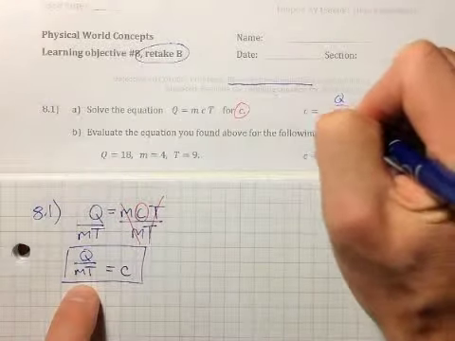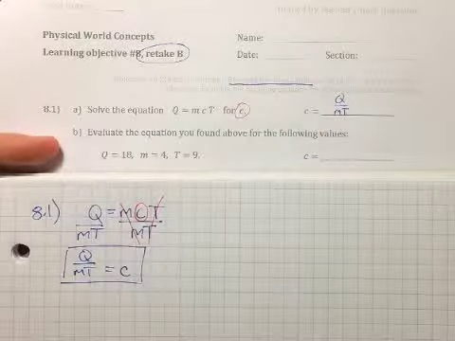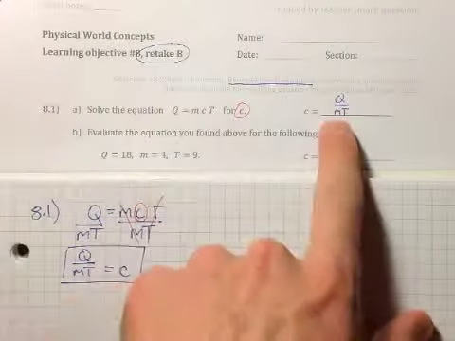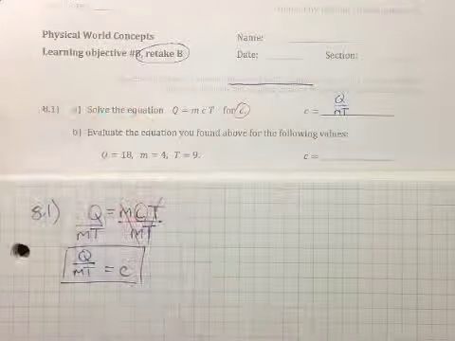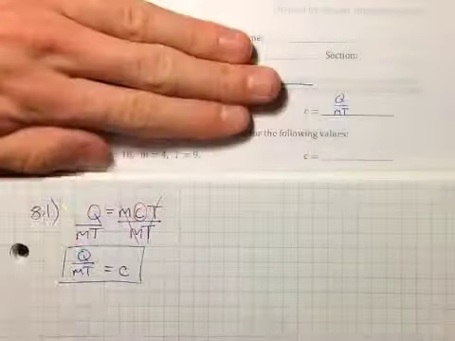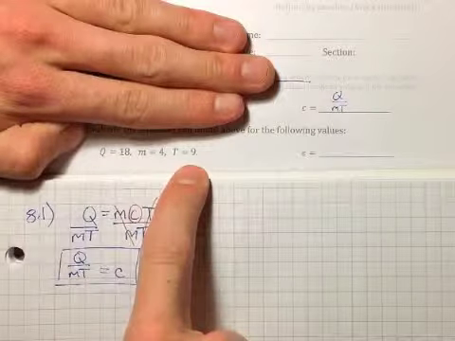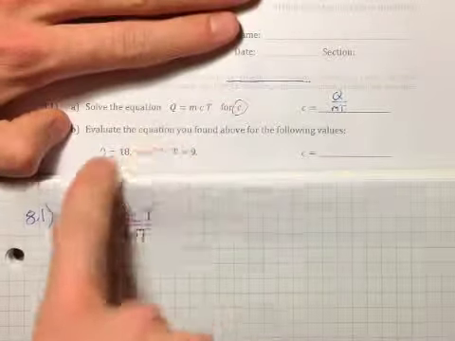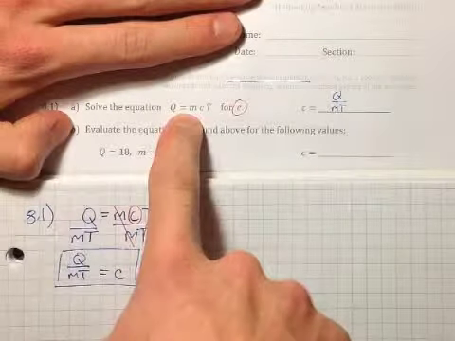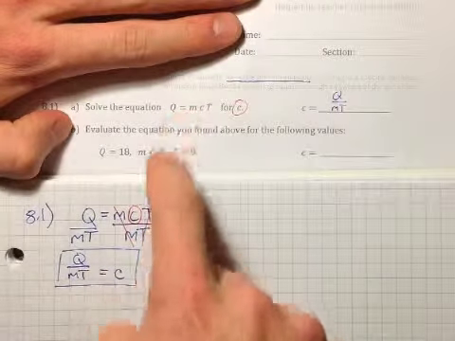Now, the second part of this problem asks us to evaluate that equation for these values. Now, we're going to completely forget about what we just started with. Okay? We're going to use that equation and those numbers. All right? Many of you plug these values into that equation and then solve that equation for c.